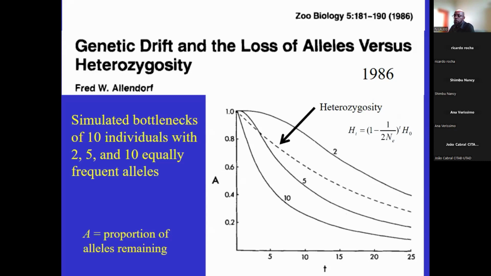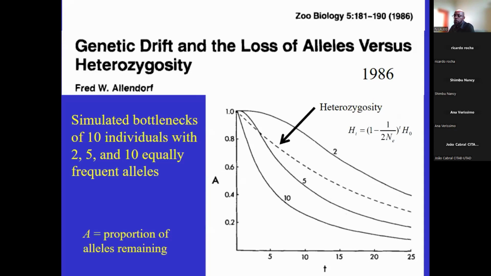And heterozygosity is really nice because it doesn't matter how many alleles are present initially. Heterozygosity will always decrease by 1/2n per generation. But you can see, depending on the number of alleles and the frequencies, we get a different result. If we have many alleles at a locus, we lose much more genetic variation compared to heterozygosity.